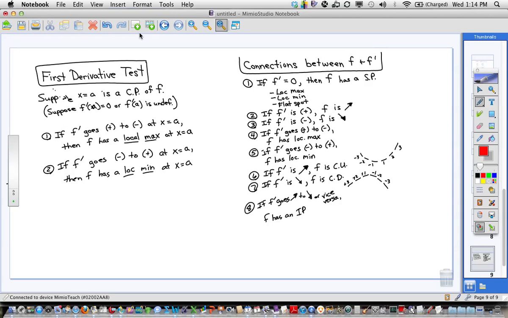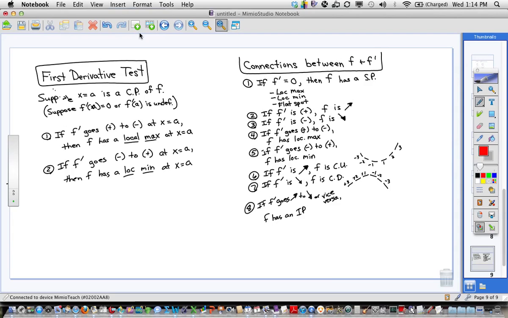Wow, a lot of connections right there. Okay? And everything we've talked about with the increasing, decreasing, local max, local mins, flat spots, concave up, concave down, flex points, it's all contained right in there. Now, you can see how you can really get confused because here we got f increasing and decreasing. Well, that relates to f prime being positive, negative. Here you got f being concave down, concave up, but that's when f prime is increasing, decreasing. Big difference. And so it's kind of like somebody said earlier when we talked about this.